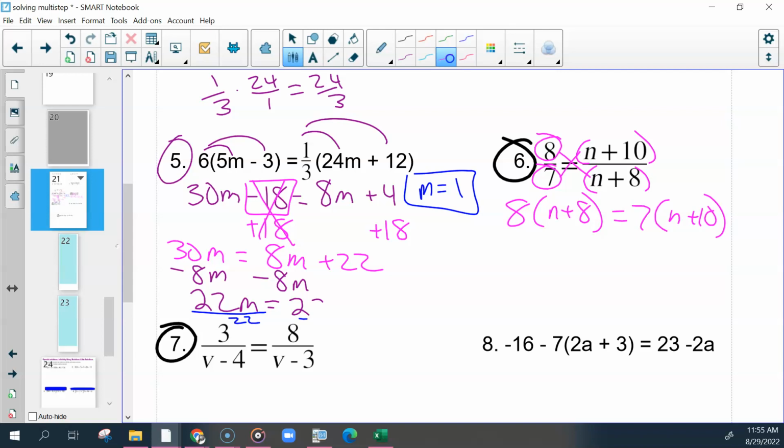But now this looks a little less challenging than it did in the ratios. Because now it's just going to be another problem like 5, where we distribute both and we kind of go from there. So we would get 8n plus 64 equals 7n plus 70.